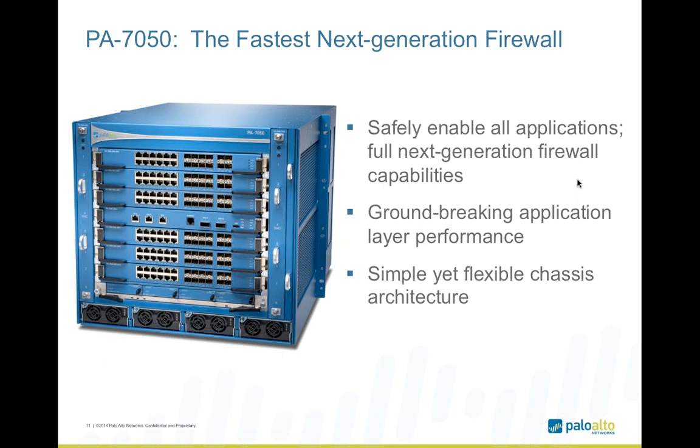So this is, as you can see, the 7050. I'll also give you shortly the detailed hardware specifications of this solution. This is a chassis-based system where you have blades, so that you can start with a single network processing card, which in terms of performance is like a single 5060 appliance from Palo Alto Networks.